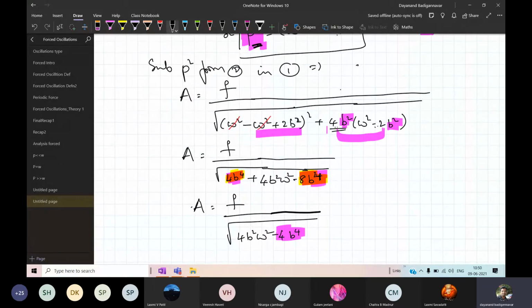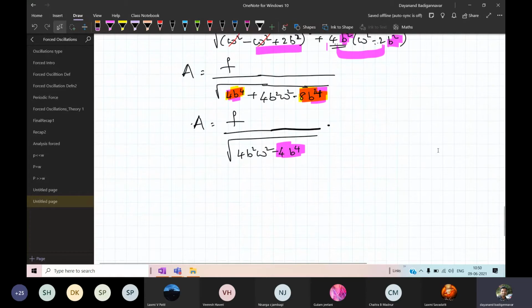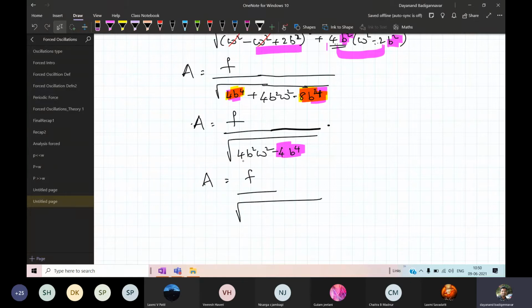And if I do the rearranging for the next step, amplitude A is equal to f divided by root of, ನೋಡ್ರಿ, 4b square is common. You take that 4b square outside. That will give you omega square minus b square.